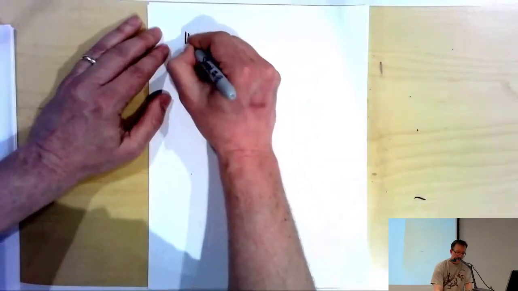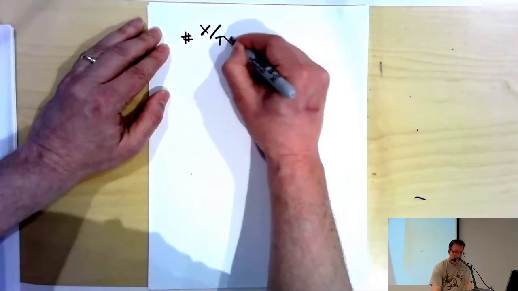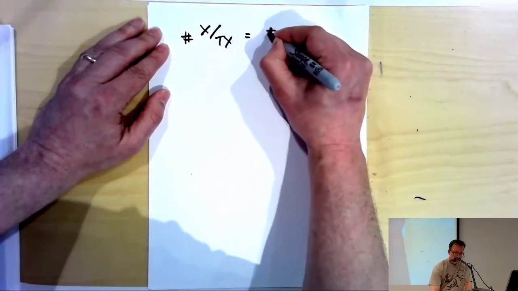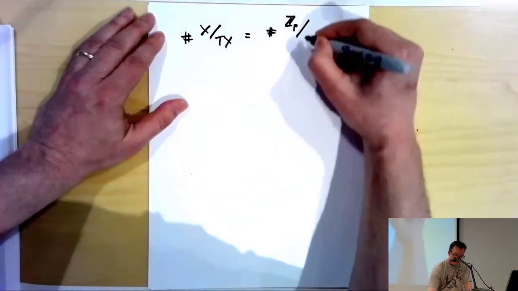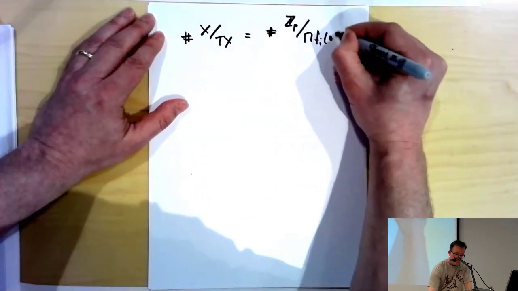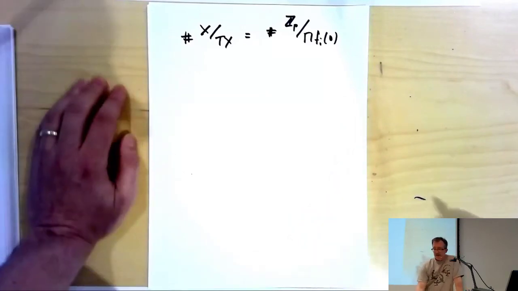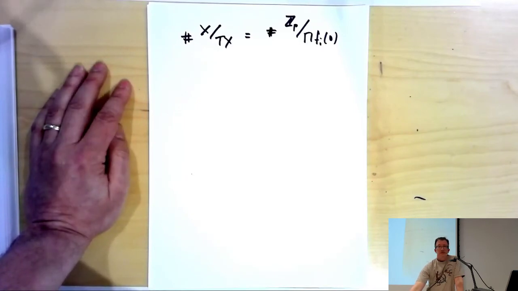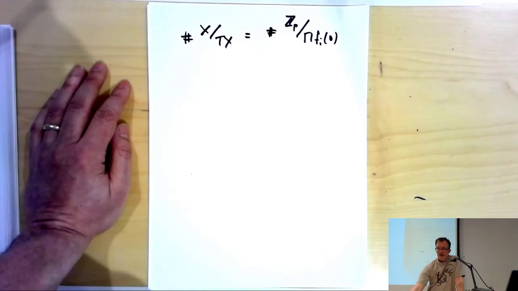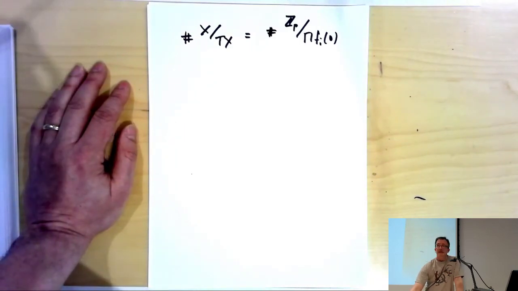So then we get that the order of X mod T X is the order of Z_p mod the product of the F_i at 0. In fact, if you look at this argument a little more carefully, even if T did divide one of the F_i, so if F_i(0) was 0, then you would be able to conclude that X mod TX is infinite.